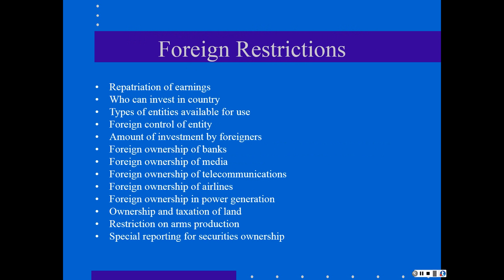Foreign governments want foreign direct investments, but sometimes they are so fearful of outsiders coming in and negatively affecting their people and their government that they will put restrictions on foreign investment. And some of these are understandable. The U.S. has had some of these as well.